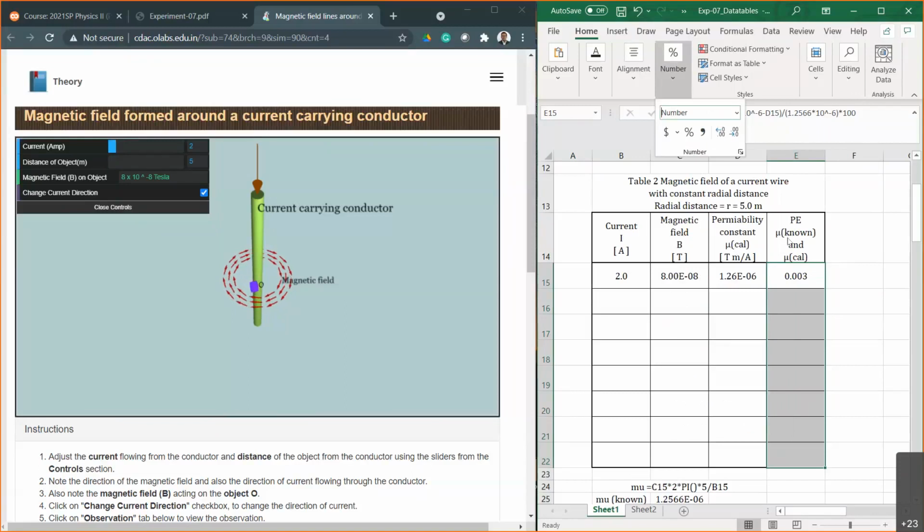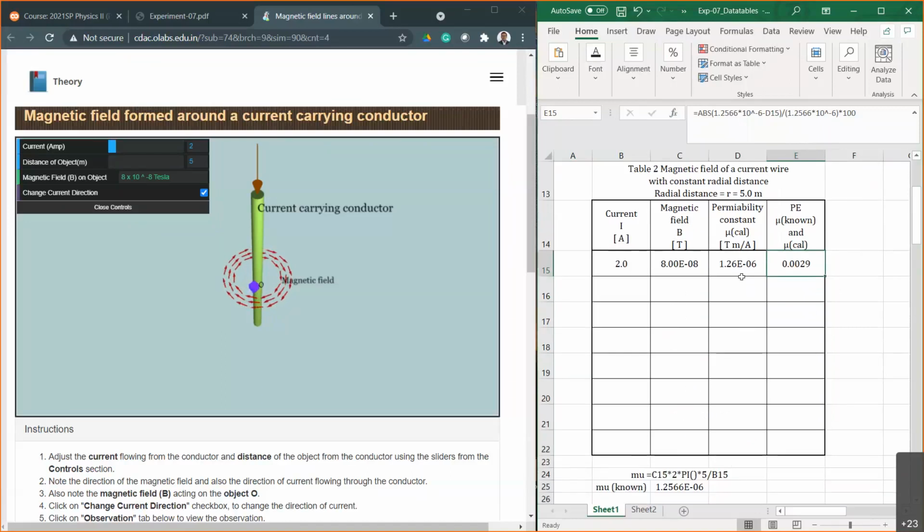Keep 3 or 4, because otherwise the number is not visible. Usually we would like to have only 1 or 2 decimal places, but since this number is very small, you can keep 4. So that means our calculation is very accurate, and all the measurements we did are very accurate.